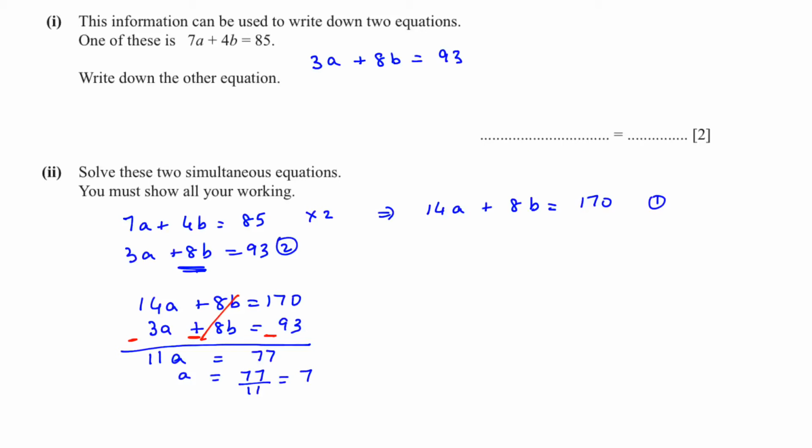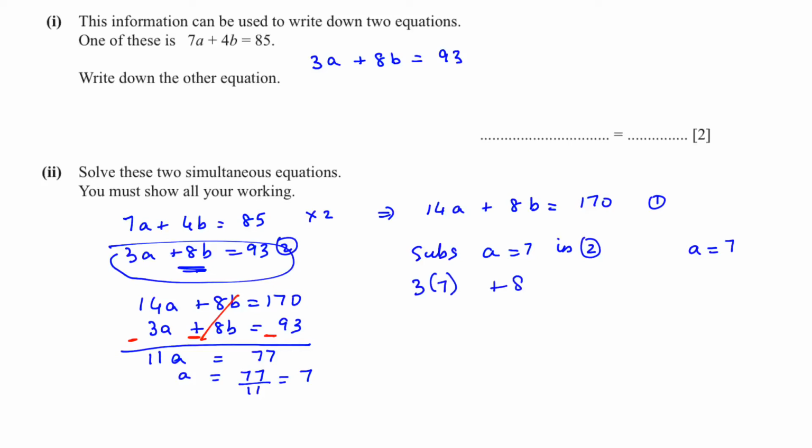So we have found our a and we need to find b. You can substitute into whichever equation you find easy, in this one, this, or that. I'm going to use this equation. So in equation 2, substitute a is equal to 7. 3 multiplied by 7 plus 8b is equal to 93. 21 plus 8b is 93.